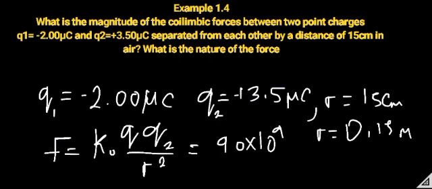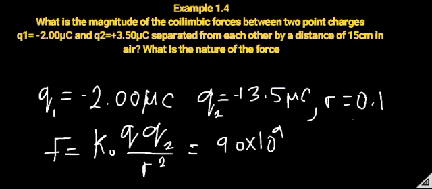Then for Q1, we ignore the sign there. In your textbook they put the sign, but there's no need because we are looking for the magnitude.